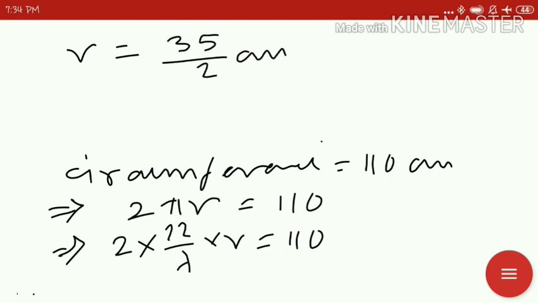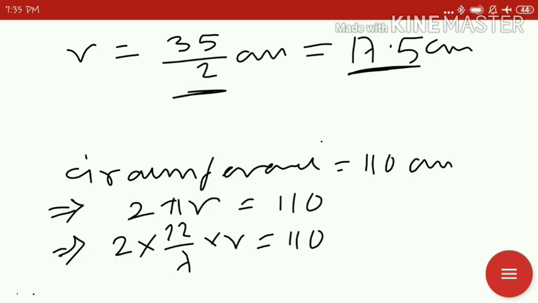As it is not our main answer, we can keep it in fraction form. If the question asks what the radius is, then you have to write it in decimal form, that's 17.5 centimeter. But we will not do that here, because the fraction will help us with cancellation when calculating the volume. So if it is not the main result, you can keep it in any form.